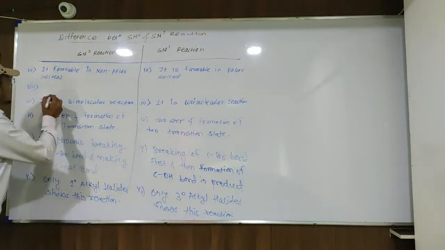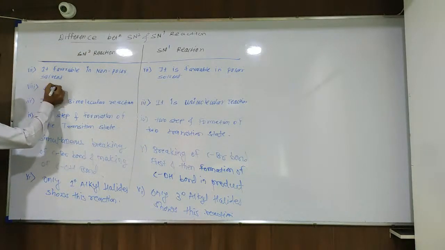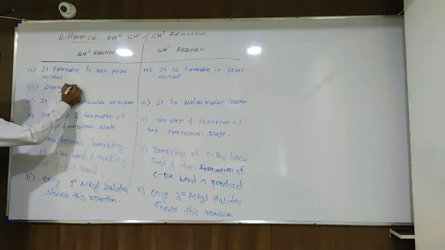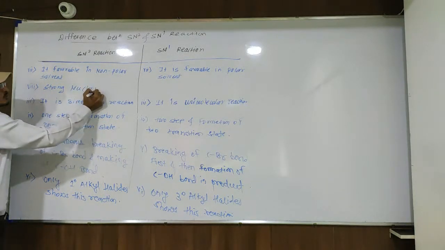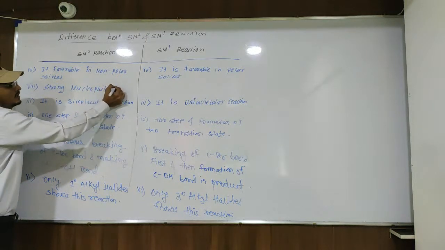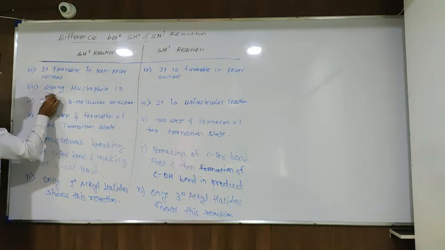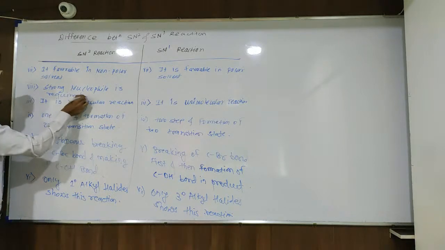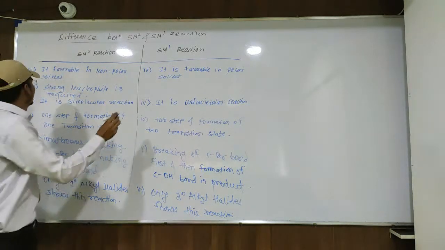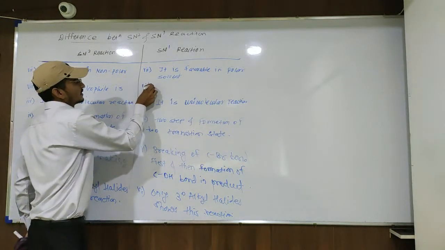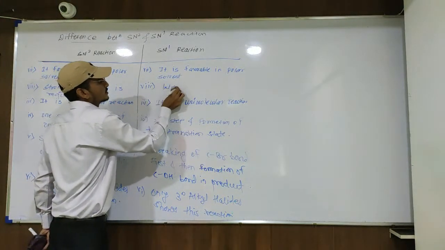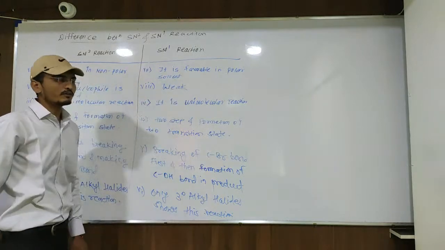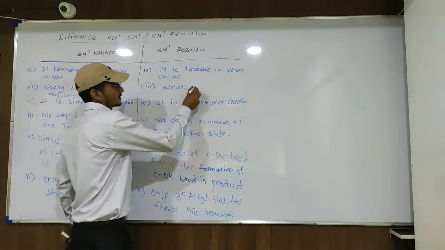That's why a strong nucleophile is needed in this case. A strong nucleophile is required in the SN2 reaction, but in the SN1 reaction, a weak nucleophile is also favorable.